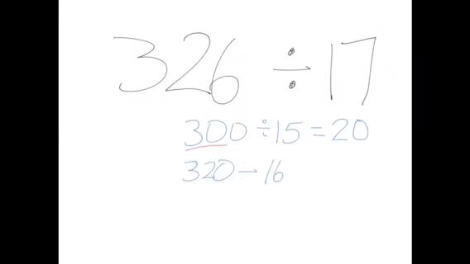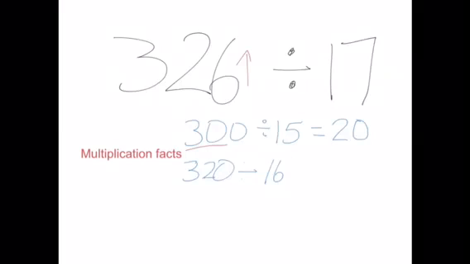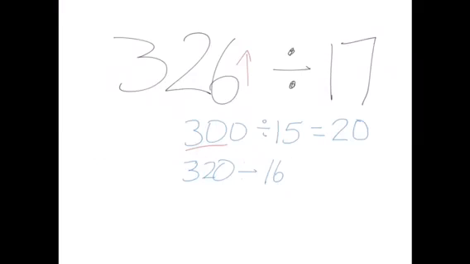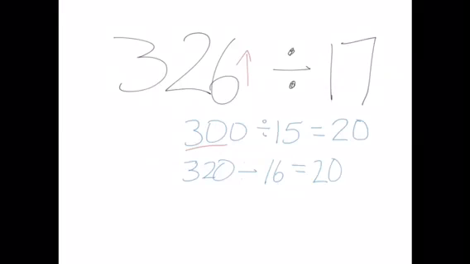Now technically, 326 should round up to 330. But 16 cannot divide into 330. That is why I went with 320. So you'll notice here that multiplication facts are going to be important for you to successfully be able to come up with your estimates. Finishing my estimate, 320 divided by 16 is also 20.